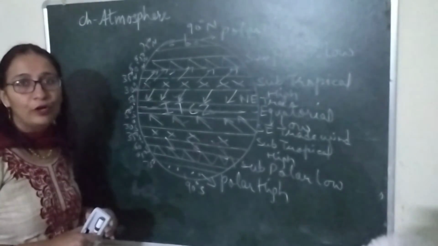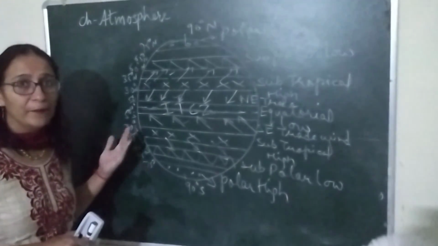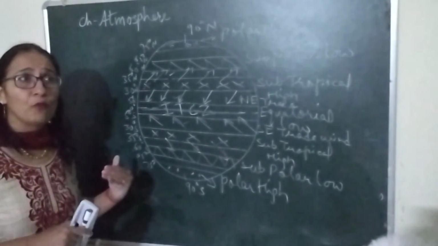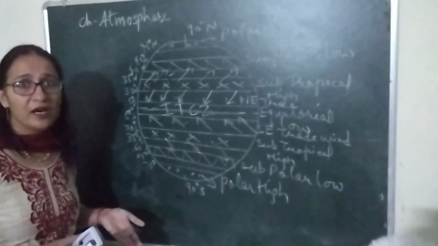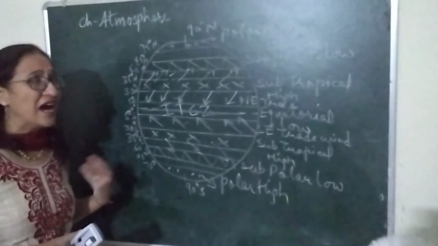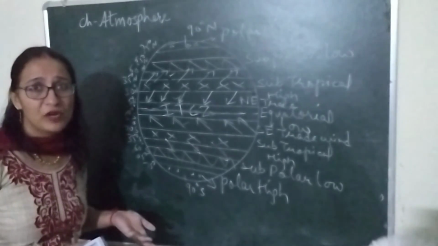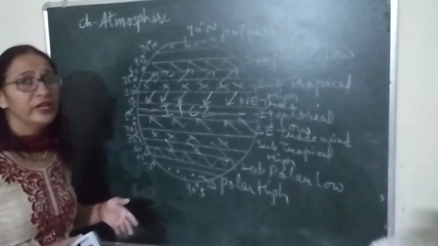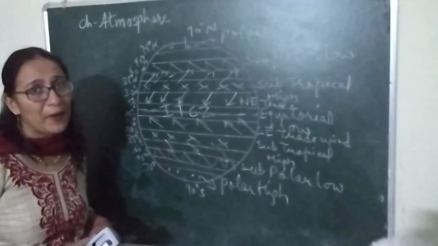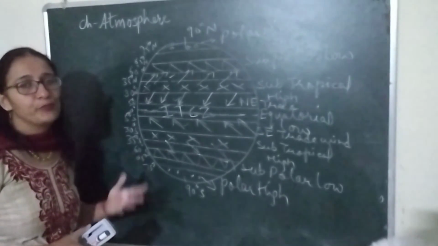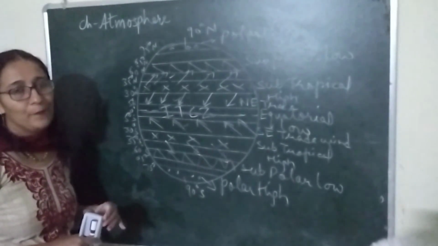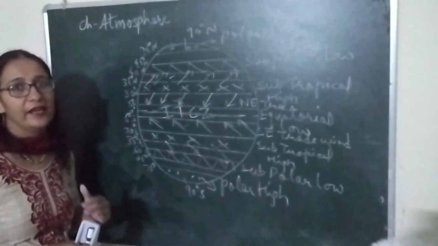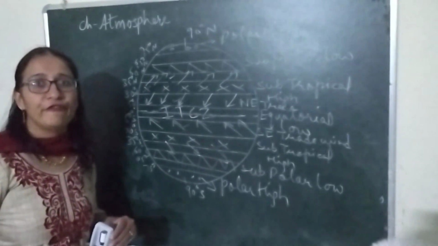As I have told you in the beginning, if there are more irregularities and unevenness of land masses, lots of mountains, plateaus, plains come in the path of the wind, so the speed of wind will be less, because unevenness and irregularities cause friction.